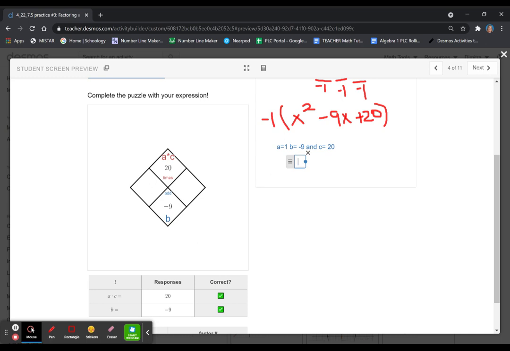So let's start out with 1. -1 times -20 will give us positive 20. -1 plus -20 is equal to -21. Well, that's not -9, so that doesn't work.